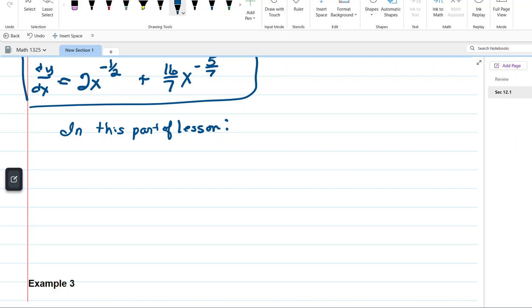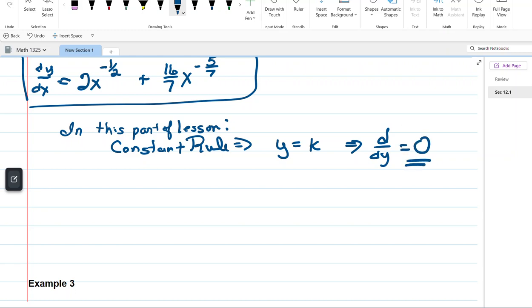Apply the rules of derivatives and learn the constant rule: y equals some constant has derivative dy/dx equals 0, always 0.